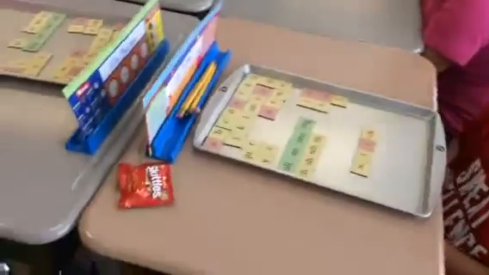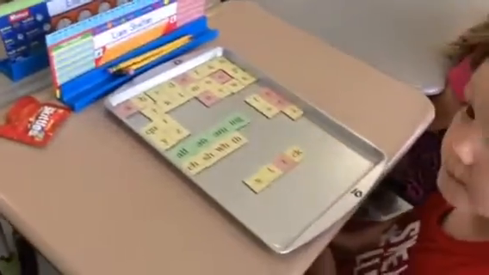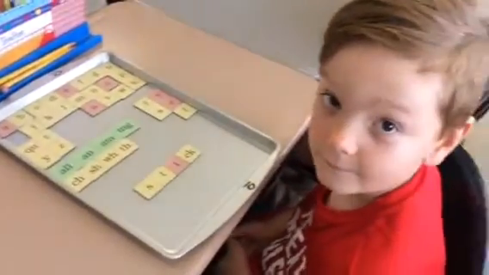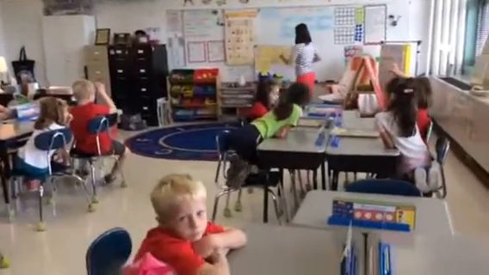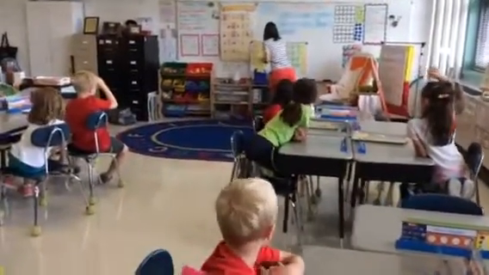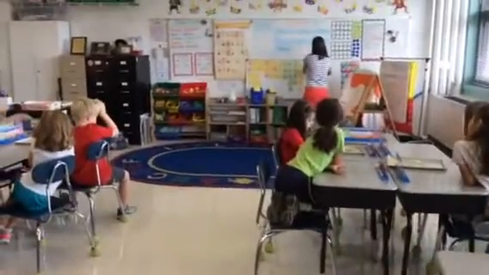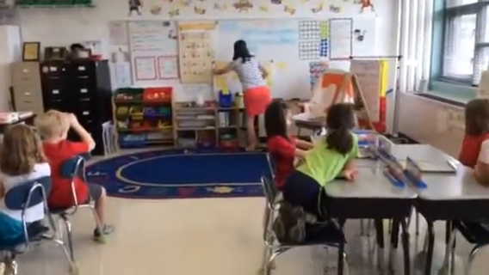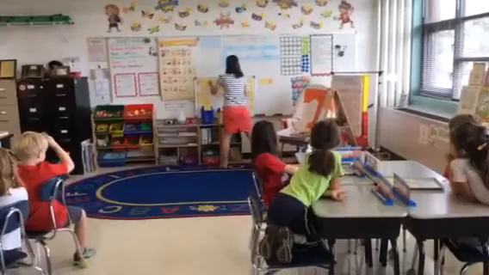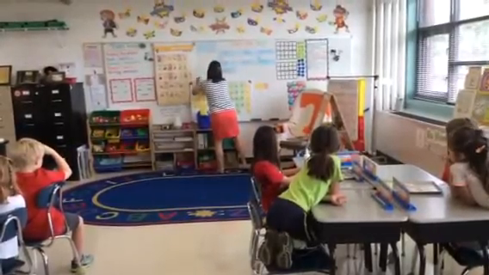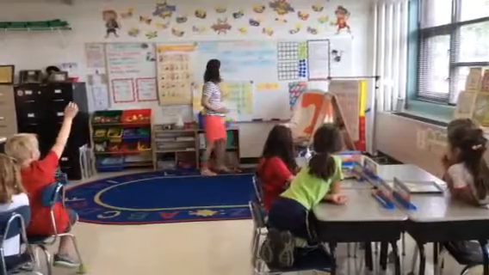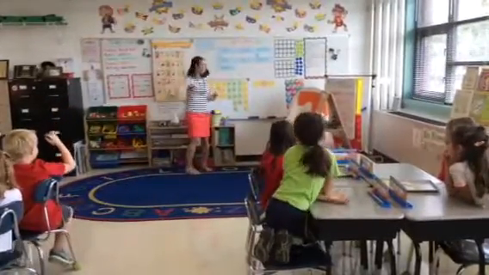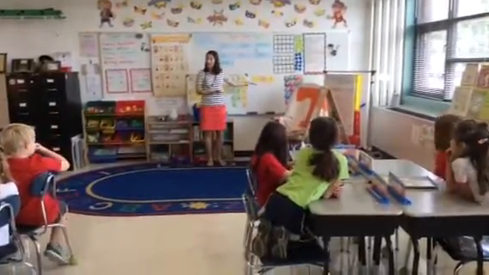All right, I need eyes and ears up here. Who would like to tell me how we spell stick? Okay, I see S-T-I-C-K. C-K. What do you know? I have a C-K.